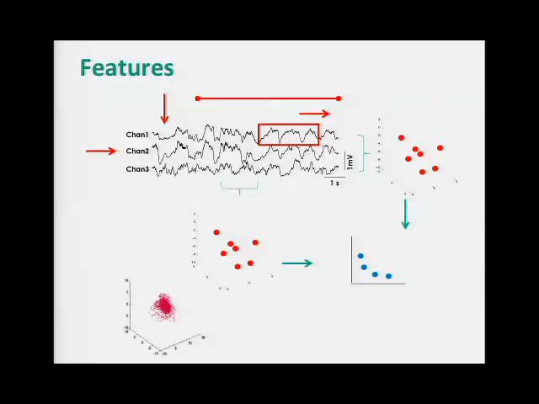And we will have here, for example, the feature space, let's say, the feature axis. And then we have some points. It could be that a small segment of the raw data will be transformed into a point, for example, or into a group of points in the feature space.